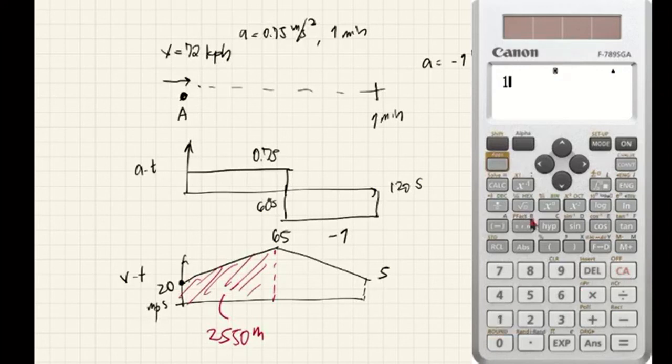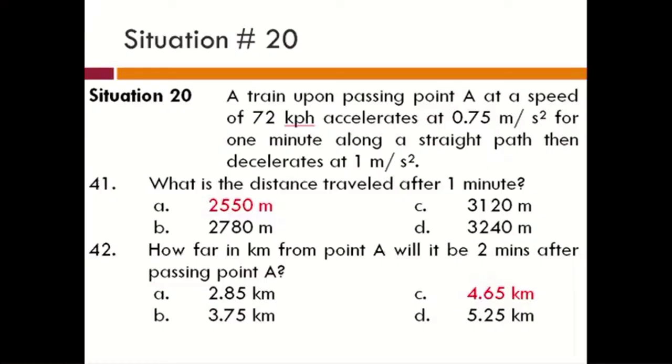E di 1/2 average ng 65 tsaka 5, tapos 60 ulit yung length ng trapezoid. Plus 2,550, that's 4,650 meters. Pero in kilometers ang sagot natin. So, ang sagot ay letter C, that's 4.65 kilometers. Okay?